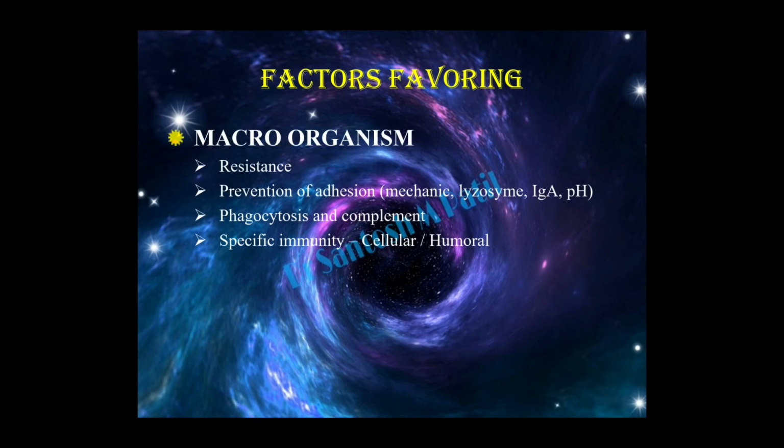The other factors favoring infection are the macroorganism. The macroorganism is purely the host defense. There are certain host defenses of particular body systems that I'll just highlight. The skin host defense is mainly by the antimicrobial substances secreted by the sebaceous gland that prevent bacterial invasion, and by the normal commensals of the bacteria.